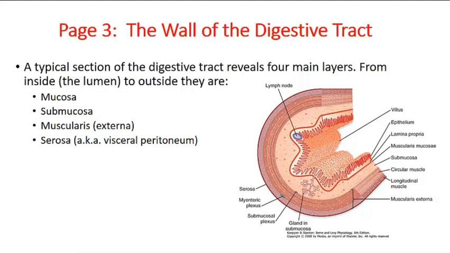The different regions of the digestive tract wall have unique structures that are related to their specific functionality. The mucosa is again subdivided into three layers, actually three layers of different cells.